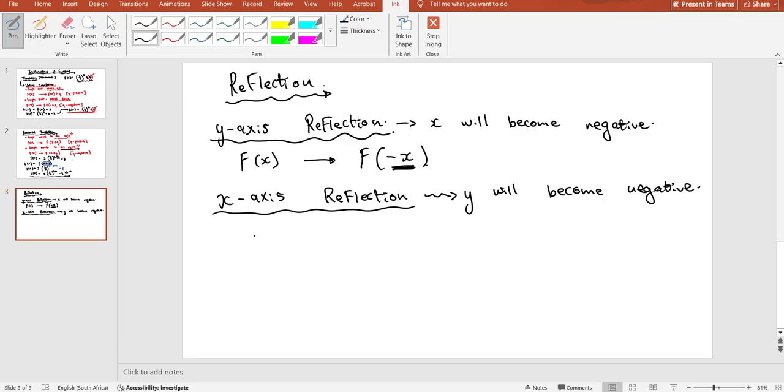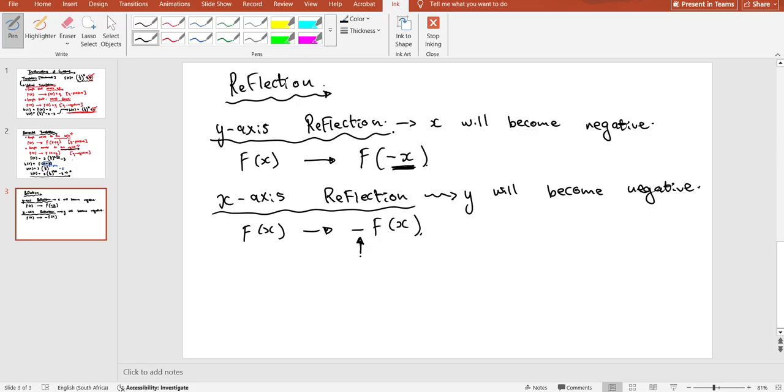All right, so how does this look? Again, if you have an f of x like that, but this time remember that f of x represents the y. We don't want to write y, instead we write f of x, so that whole guy represents the y. So that's the guy that's going to be multiplied by a negative.